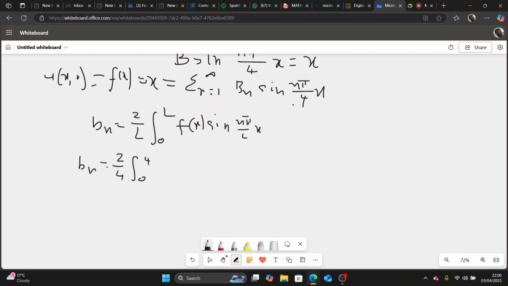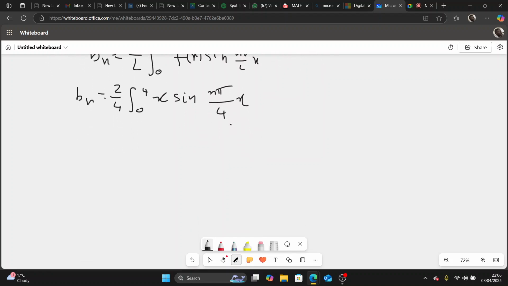Now, what is f of x? f of x is your function here, which is x. So you want to have x sine of n pi x over 4. This is what we'll be solving. Now, how do we solve this one? You use integration by parts.